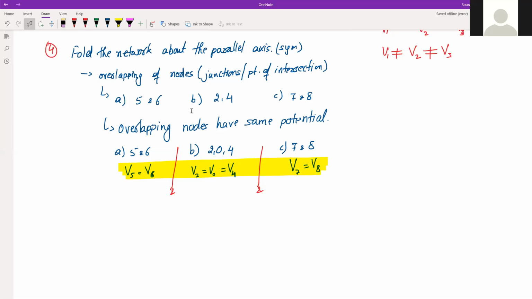Right? So now the network which we have seen can be split up into two equal parts about the parallel axis of symmetry. What will that be? Let us see that.